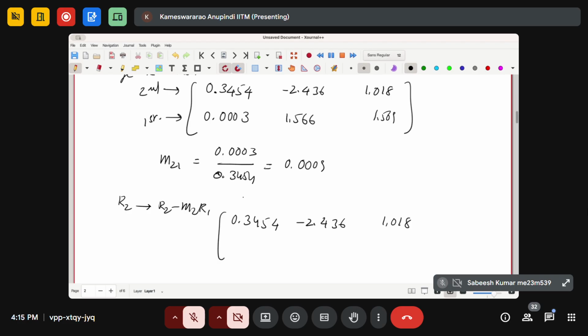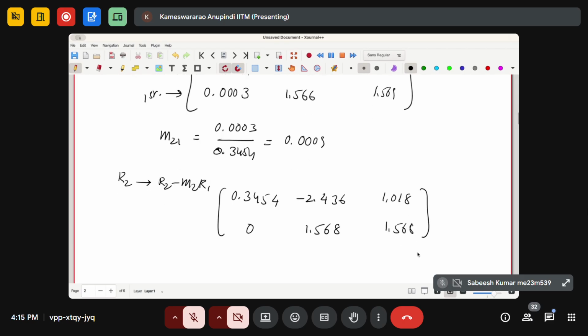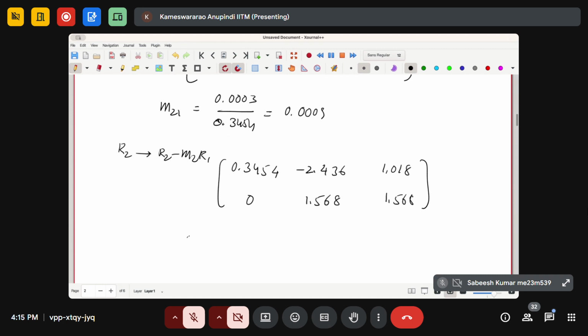Then this is going to be 0. When I calculate this again, it is going to give me 1.568. Okay, you can do those calculations. Then when you solve for x1, x2, you're basically going to get x1 equals 10, x2 equals 1.